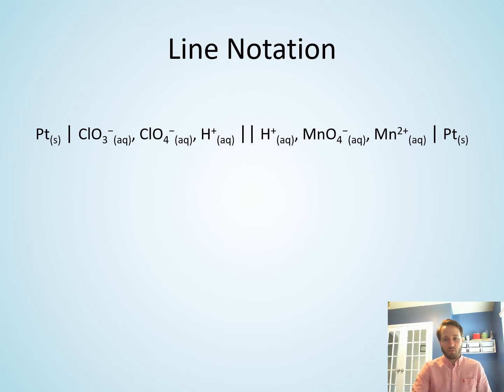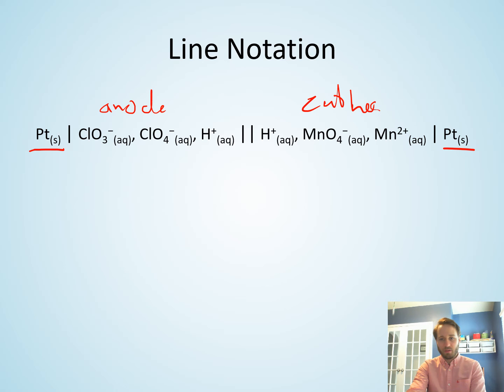So for example, I have this redox reaction using this line notation. In this case, the two electrodes are just inert platinum catalyst electrodes. Again, I have my anode here, which has my oxidation reaction, and my cathode here, which has my reduction reaction.